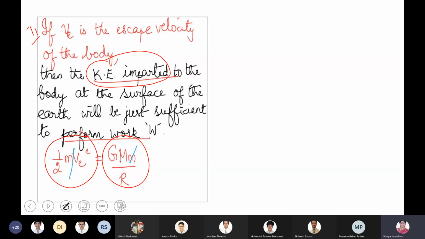Now get me an expression for VE. Yusuf, what is the value of VE? What is an expression for VE?